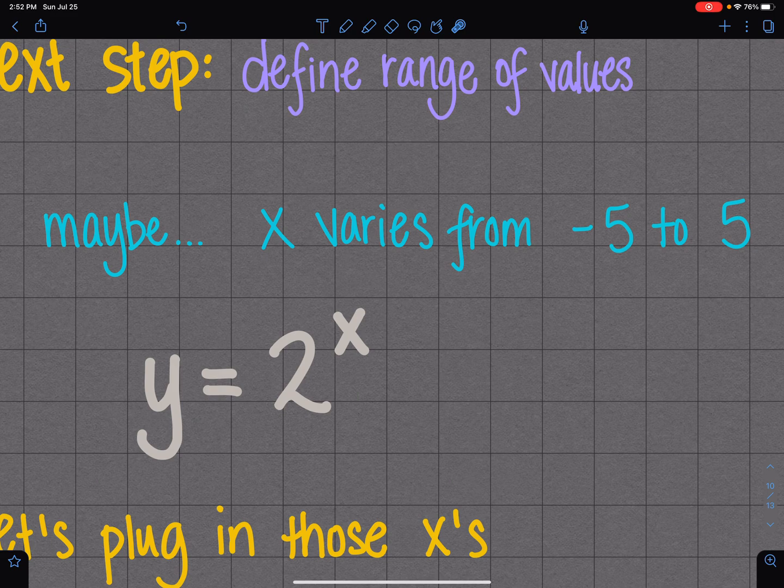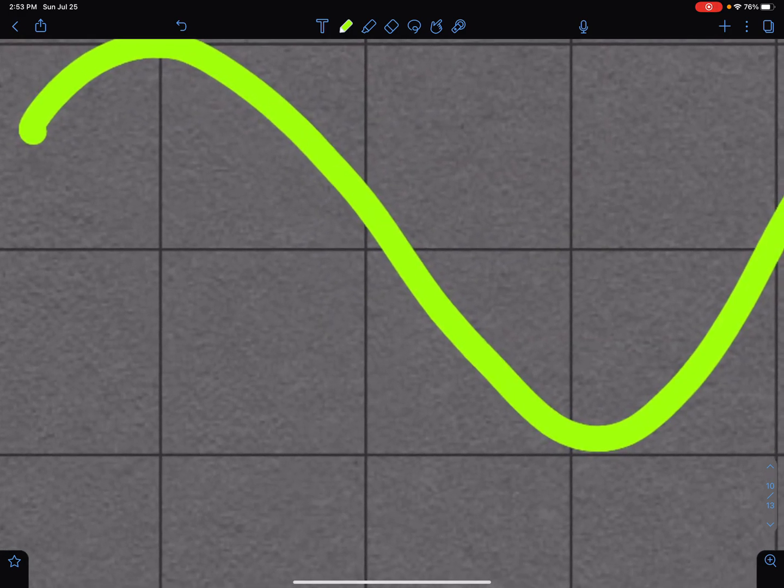So -5 to +5 is just a reasonable range. Then you have to select y values that are going to let you see as much of this graph as possible, right? Because you don't want to be too zoomed in on the up or down axis or too zoomed out. If you're too zoomed in, you might just see a portion of this line and not know what the shape is.